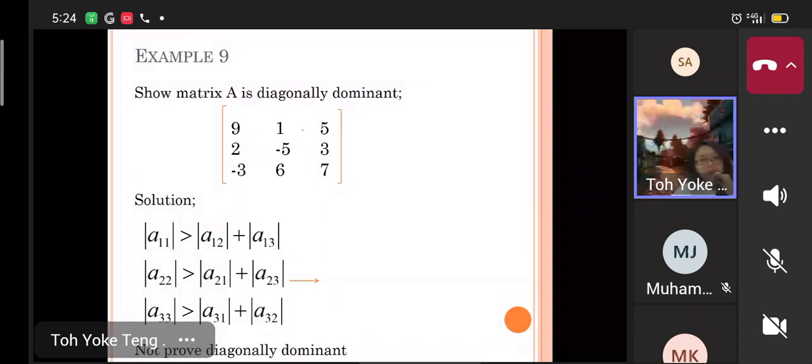As you refer to here, try to rearrange it. So as you refer to here, you notice that 9 is greater than 5 plus 1. 9 is greater than 6. Yes.